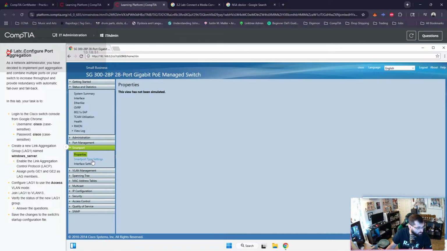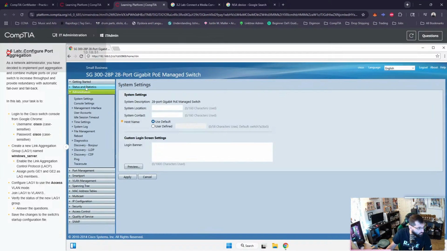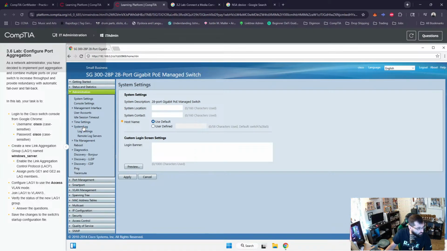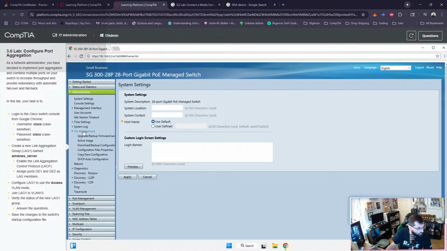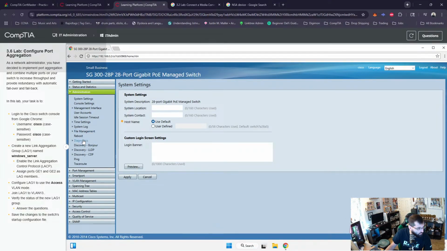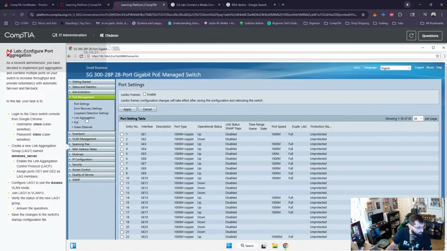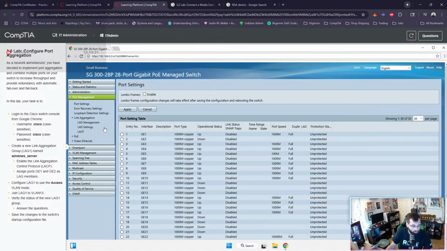Smart port settings. Nope. And port management. Well, let's check it out. Link aggregation. There we go. Yeah. For the win.